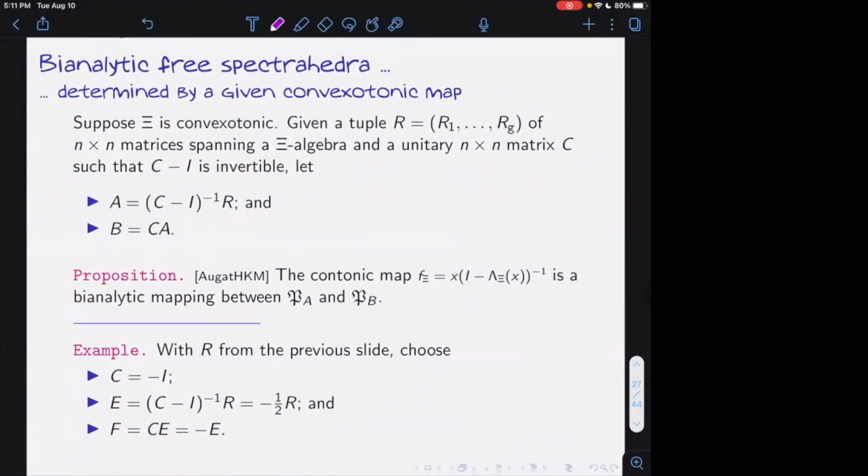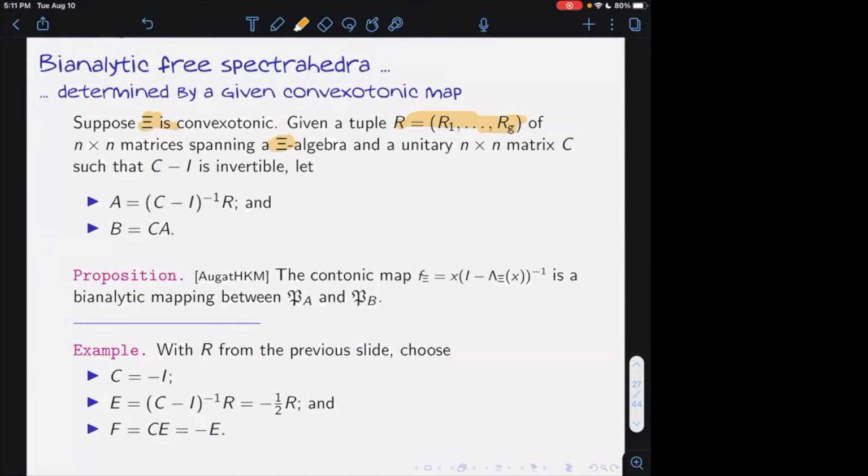Okay, and so here's sort of a direction. We start out with the convexitonic tuple chi. Then we can pick any tuple R that spans, I'm going to call it, a chi algebra. In other words, an algebra whose structure constants are chi, right?